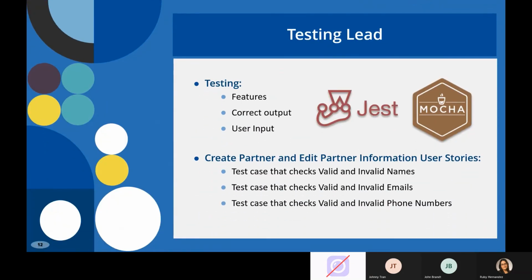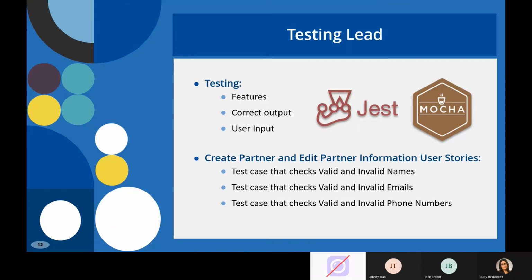For testing, the previous group used Jest and Mocha. For our group, we're going to begin with Jest and see how it works. Since the previous group also used Mocha, we're not sure which one to use at first, but we're going to use Jest to begin with.